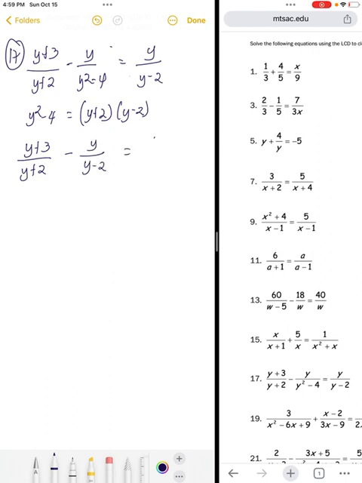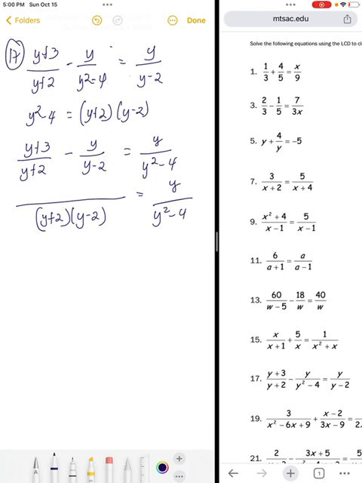At sa kabilang side na lang si y over y squared minus 4. Why? Because the greatest common divisor sa left side will be just the product of y plus 2 and y minus 2, so magiging y plus 2, y minus 2 yan. Sa kabila, I still have y over y squared minus 4.